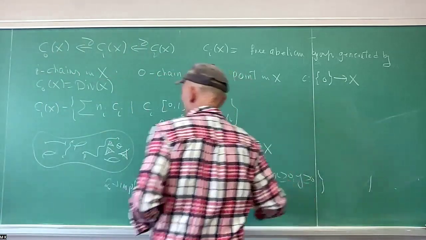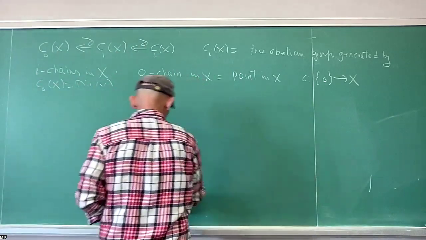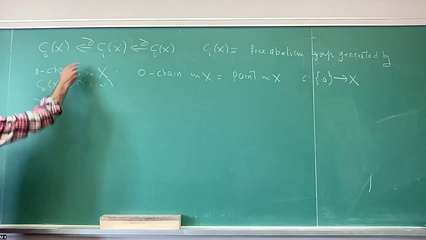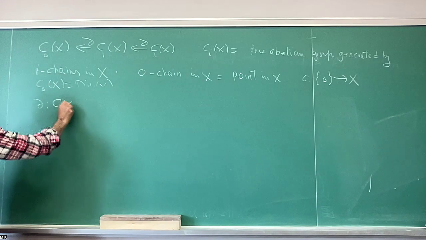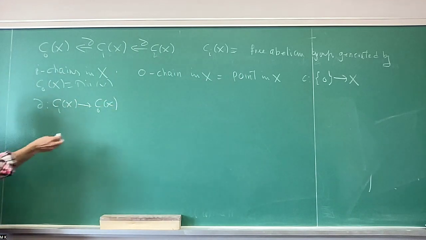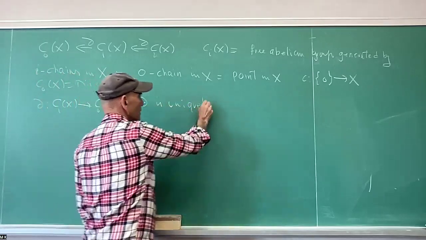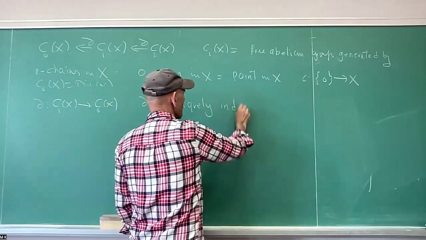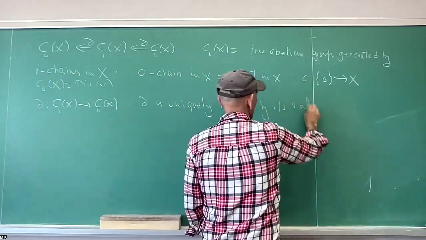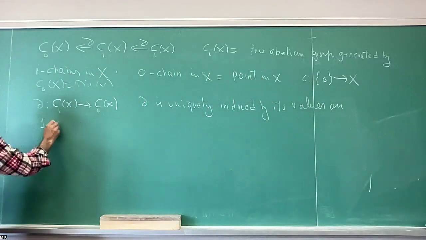Before we take a break, let me define the map. You have seen it most probably, but I just define it. So D from C1 of X to C0 of X. D is uniquely induced by its values on one simplices.